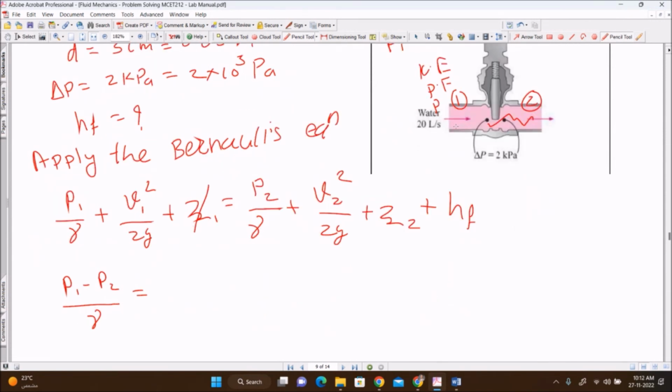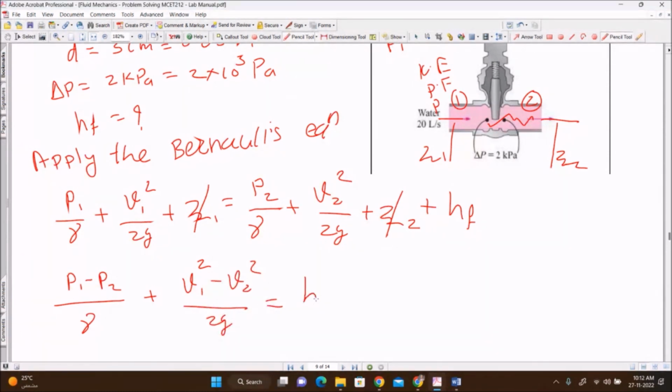The height at inlet Z1 and Z2 is the same, the height of inlet from the datum or from the horizontal. It is horizontal, so Z1 and Z2 are 0. Combining the same terms: P1 minus P2 over gamma, plus V1 square minus V2 square by 2g, is equal to HF. The pipe diameter remains the same, so D1 is equal to D2. There is no change in diameter, so velocity will not change. V1 is equal to V2.